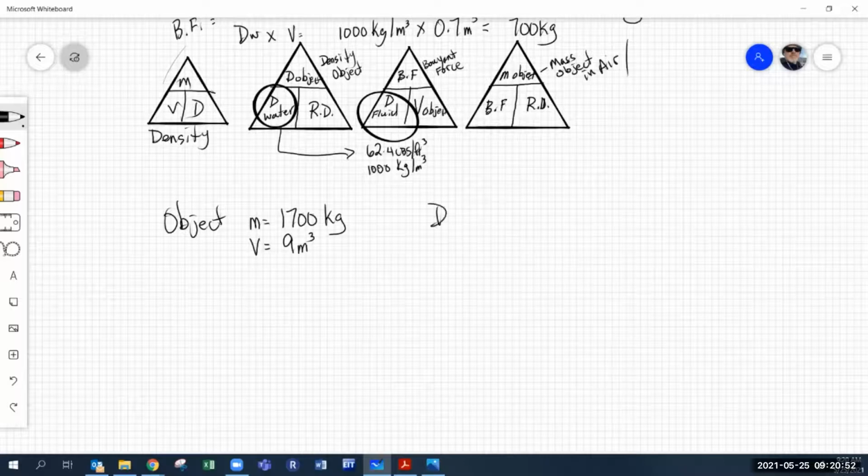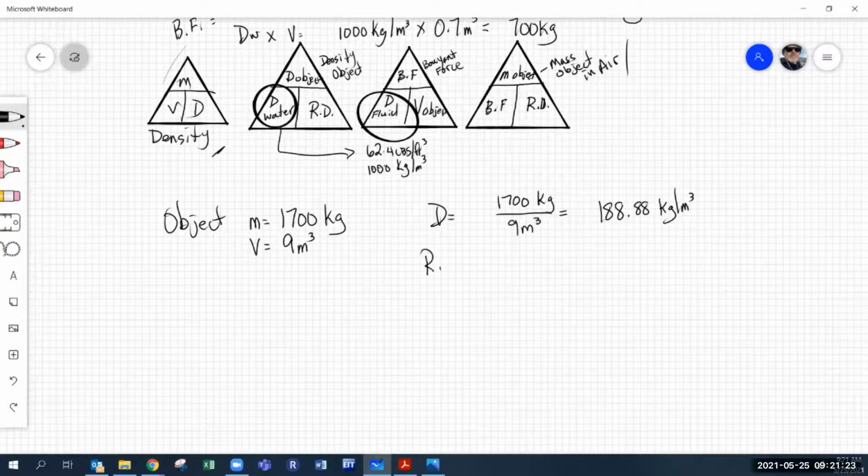What is the density? Well, we know the density triangle is take your mass and divide it by the volume. So the density of this object is 188.88 kilograms per cubic meter.